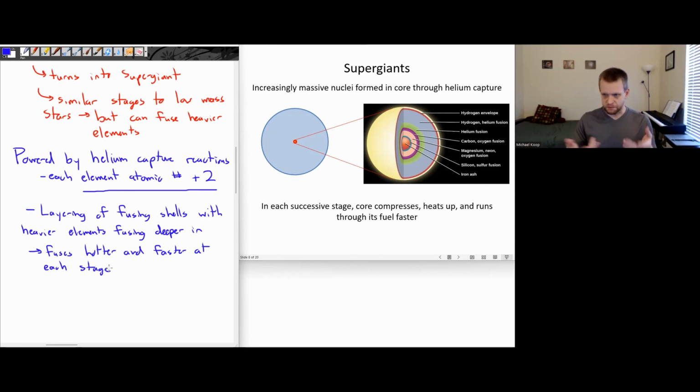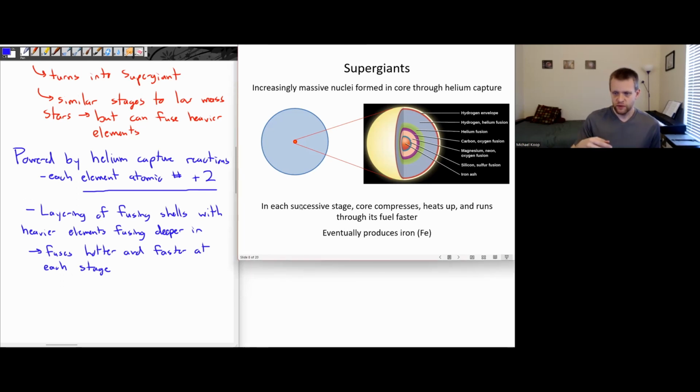And again, this just keeps on continuing through other materials. Again, these aren't the only reactions that are going on in the stars, but these are going to be the dominant ones. And eventually, we build up heavier and heavier elements until we get to iron in the core. When we get to iron in the core of this supergiant, we run into a very, very serious problem.